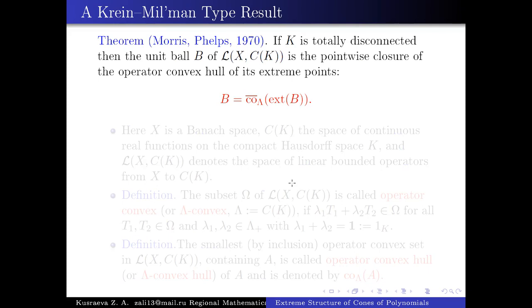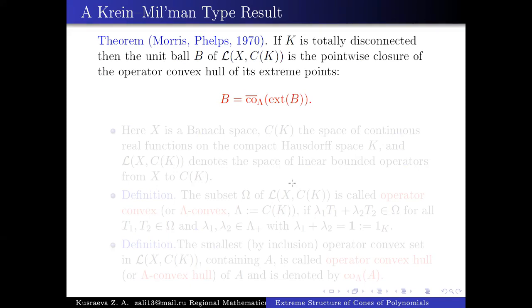And this term totally disconnected means that every open set contains subsets which are simultaneously closed and open. Of course, this is not the exact definition, but it's equivalent or almost equivalent to the direct definition.